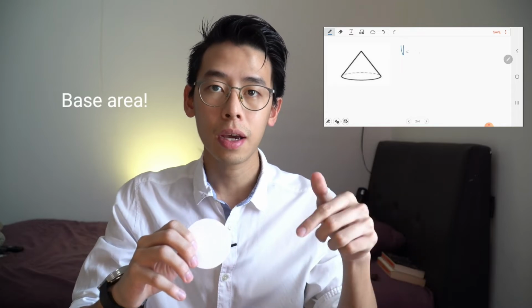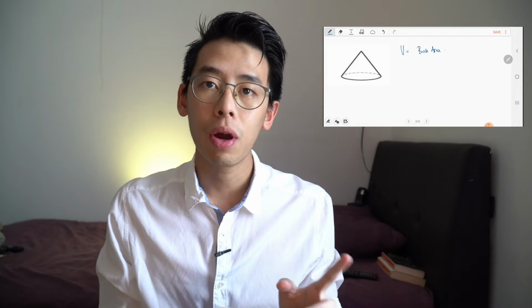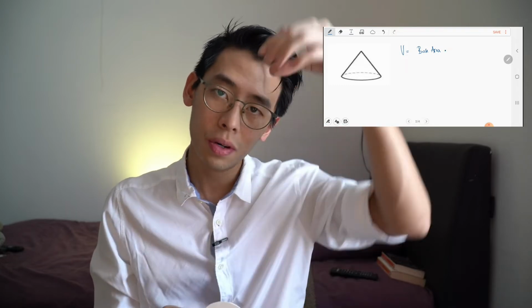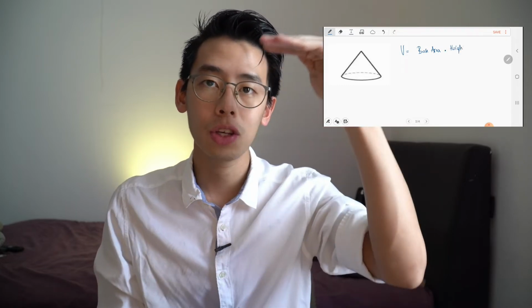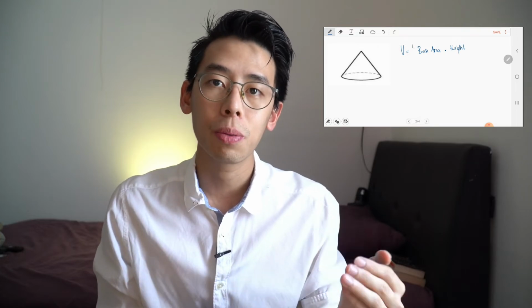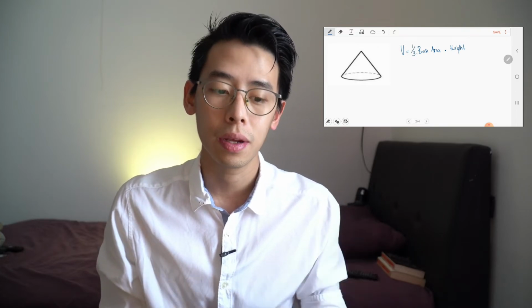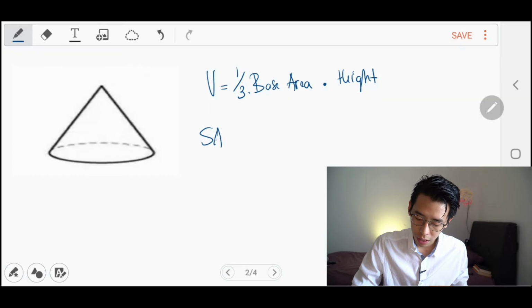It's also the same as previous material, which was surface area times the height of the three-dimensional figure. But however, because this is cone, the base and the top are not the same, so you have to multiply it by 1/3.